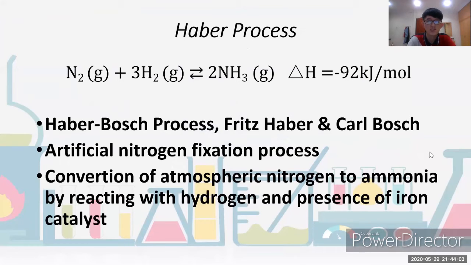This gives it an alternative name, the Haber-Bosch process. It is an artificial nitrogen fixation process, and it allows the conversion of atmospheric nitrogen to ammonia by reacting it with hydrogen in the presence of an iron catalyst.